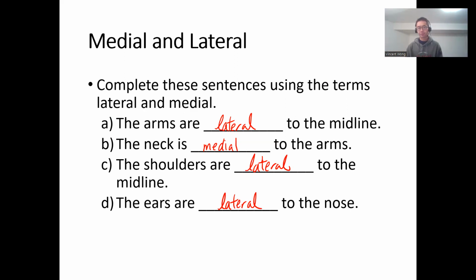The eyebrow is what? Give me something else, right? Eyebrows are lateral to the nose, maybe. Yep. So the eyebrows are lateral to the nose. Right? Very good. The eyes are medial to the ears, right? Okay.